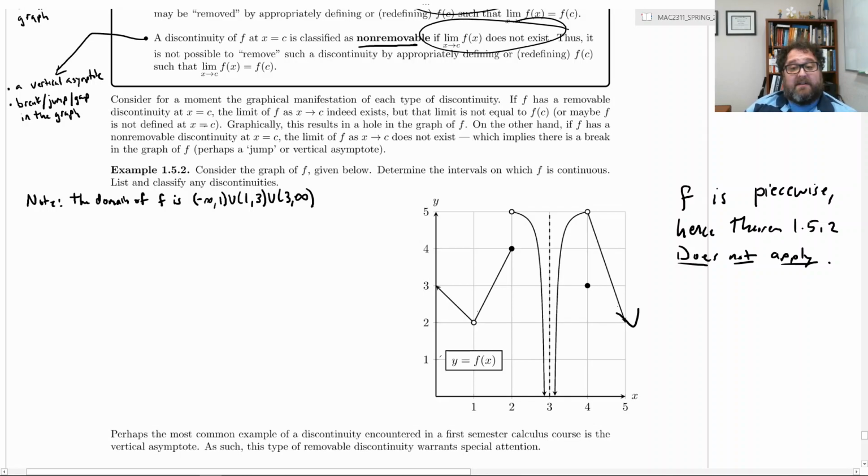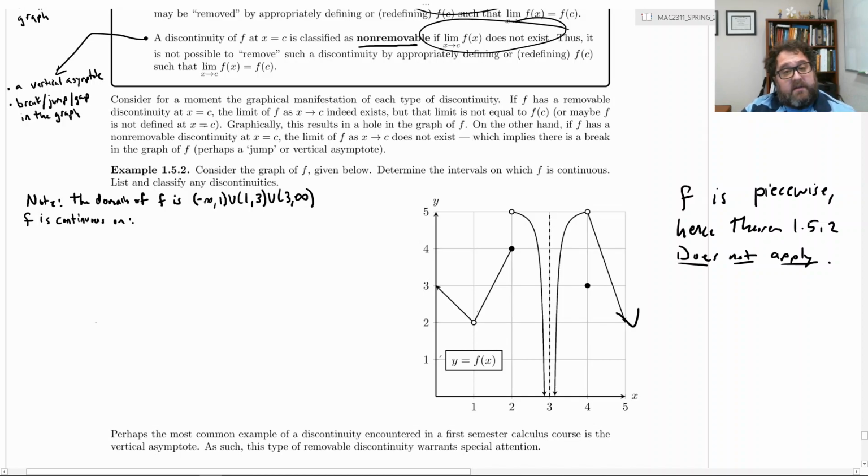Now let's look at where it's continuous. So I guess I'll just write this. f is continuous on, okay, and let's see what happens there. But let's first look at the discontinuity. So consider the graph below.